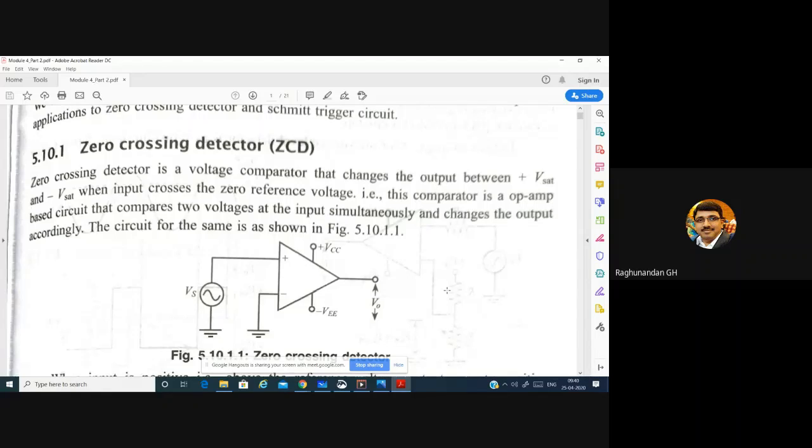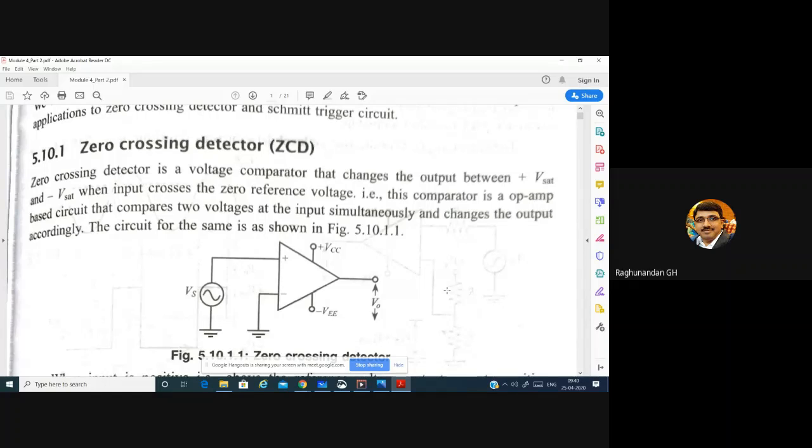This plus VCC and minus VEE are going to act as limiters for that op amp. So the maximum output can be only within the range of plus VCC and minus VEE. So if you have used a 12 volt, minus 12 volt supply, the maximum output swing can be 24 volt peak to peak.